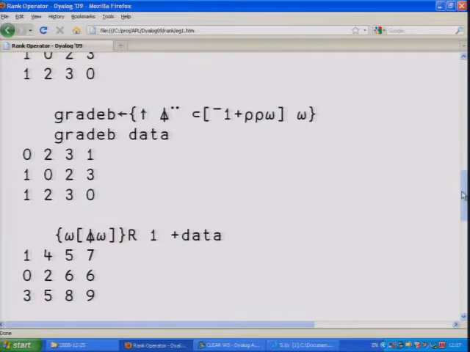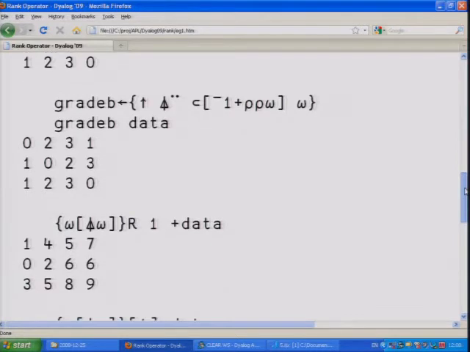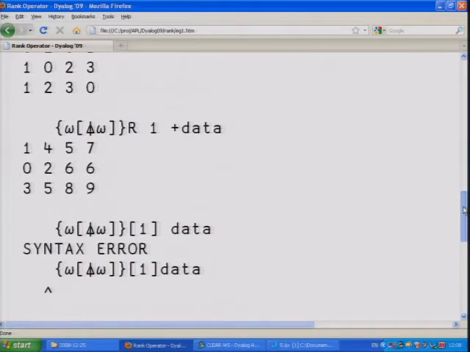So notice I'm now getting into user-defined functions. Roger, you're saying rank 1 in the rank operator. You have an option of saying 1, 2, etc. Is that part of it? Yes. I'll come to an example with that kind of thing. Okay. And again, it doesn't work with the axis operator.